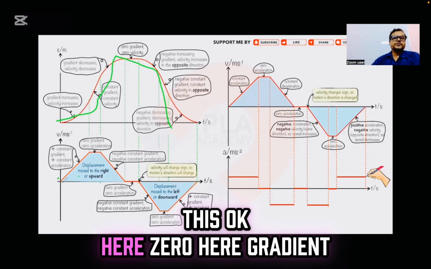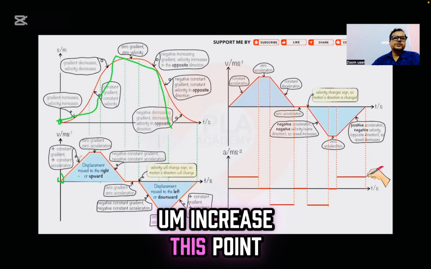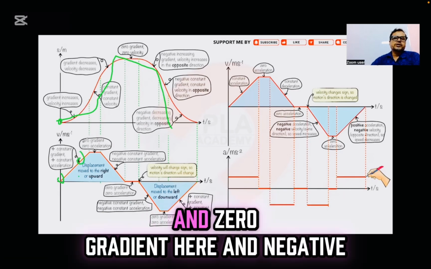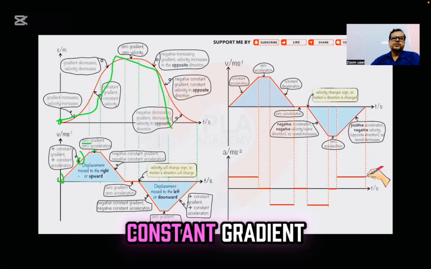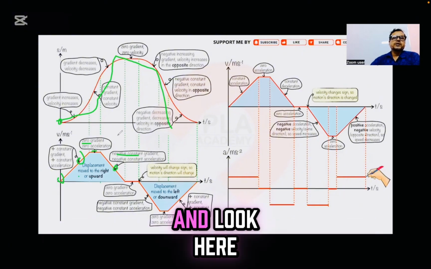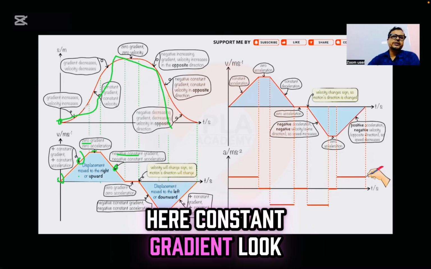Okay, here the gradient is zero, and the gradient is increasing. At this point the gradient is constant, and zero gradient here, and negative constant gradient, and this one negative constant gradient. Look here, this is zero gradient, and here constant gradient.